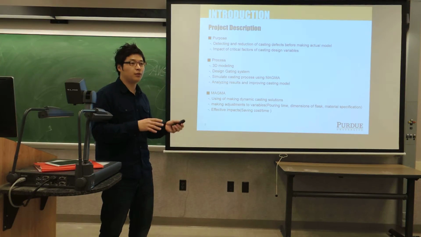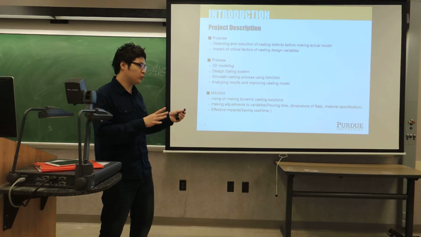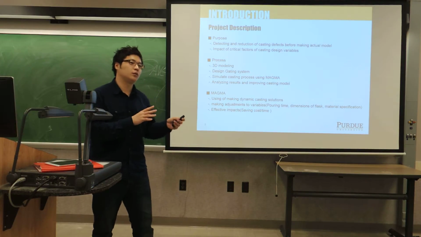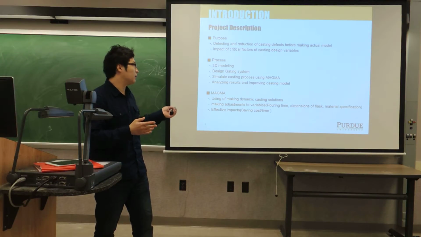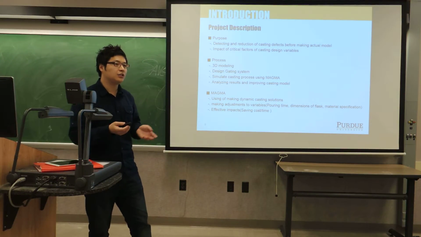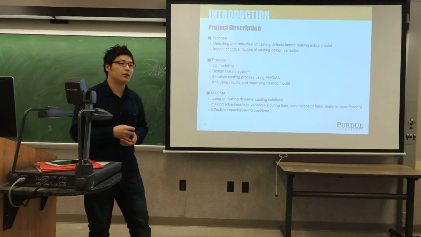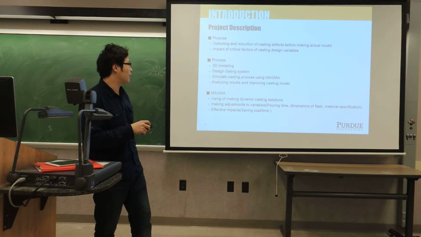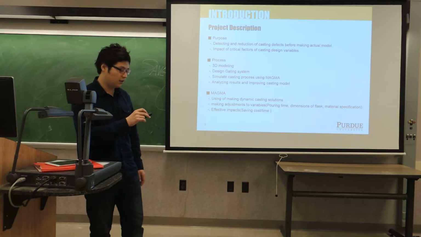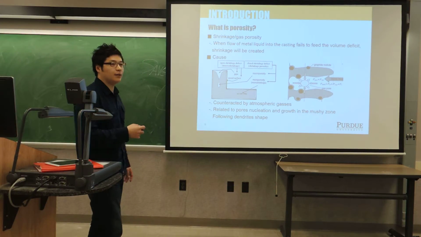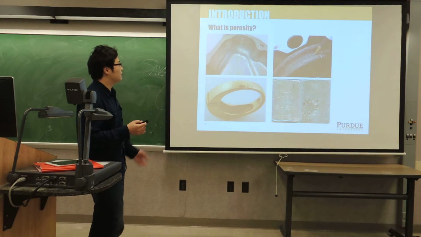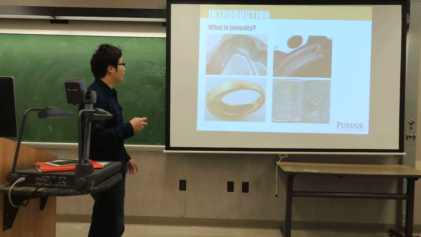So to prevent throwing away metal castings because of casting defects, engineers and manufacturers use the Magma program to find them. So what is porosity? Yeah, this is very difficult. It's like this: this is the final metal casting product, but it has some crack or porosity.